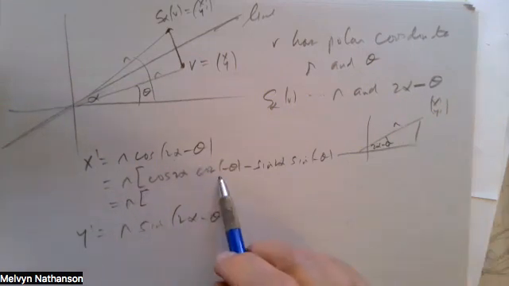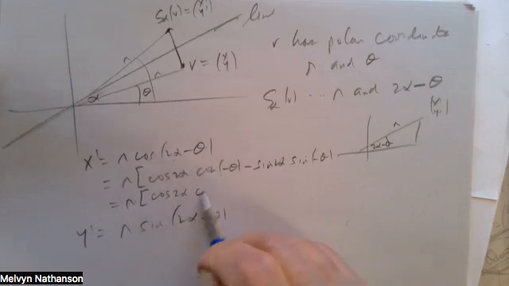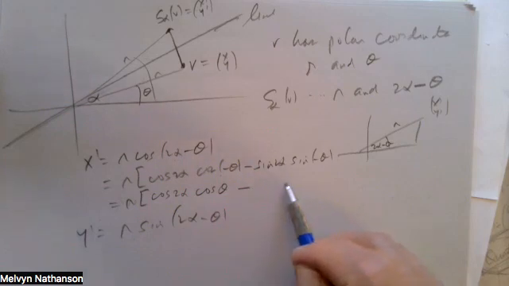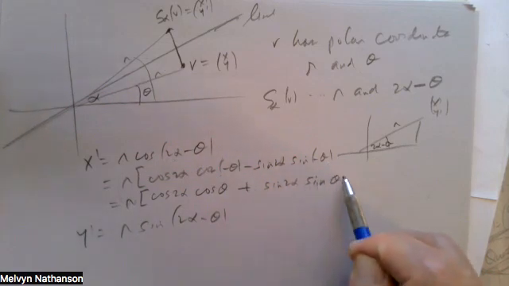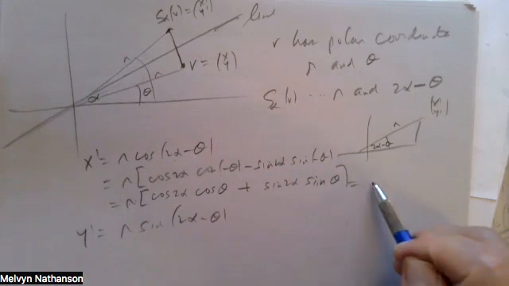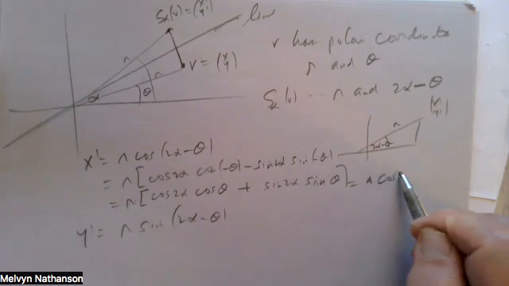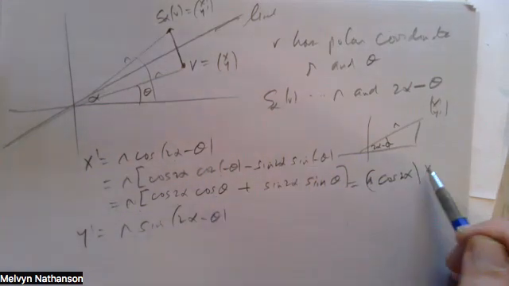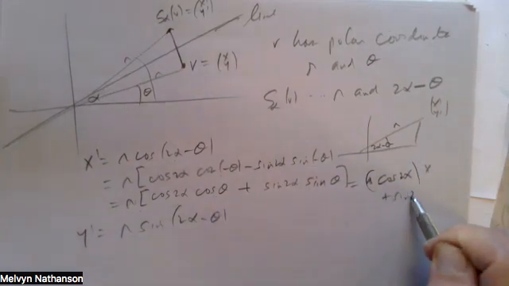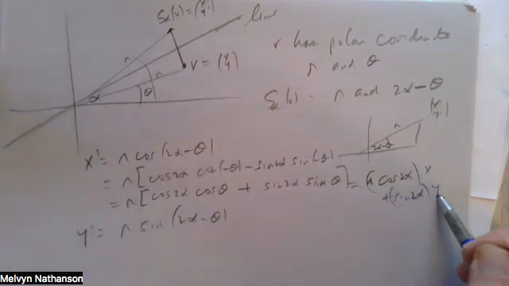Cosine is even, so this is cosine of 2 alpha cosine theta minus sine of 2 alpha times the sine of minus theta, which is minus sine theta, so plus sine of 2 alpha sine theta. Now this is cosine of 2 alpha times r cosine theta, which is x, and sine of 2 alpha times r sine theta, which is y.